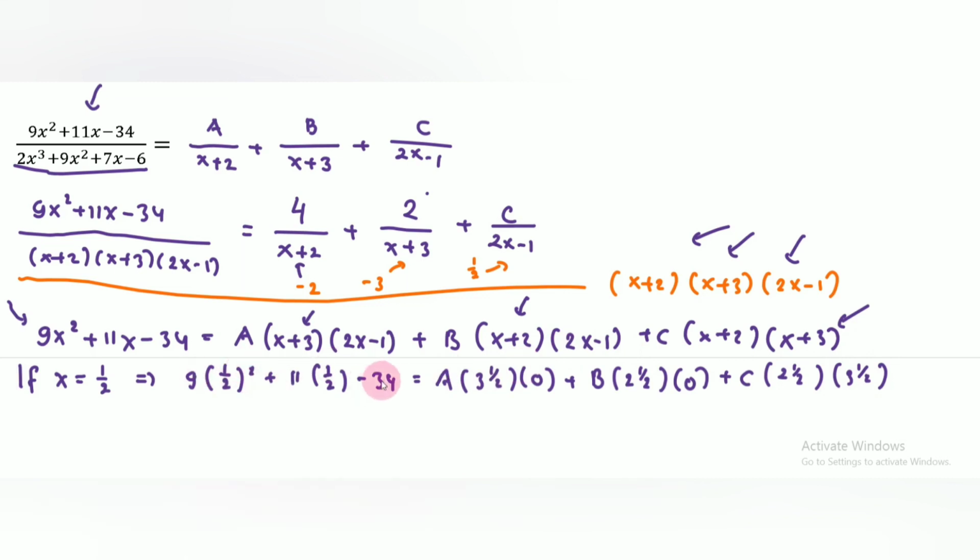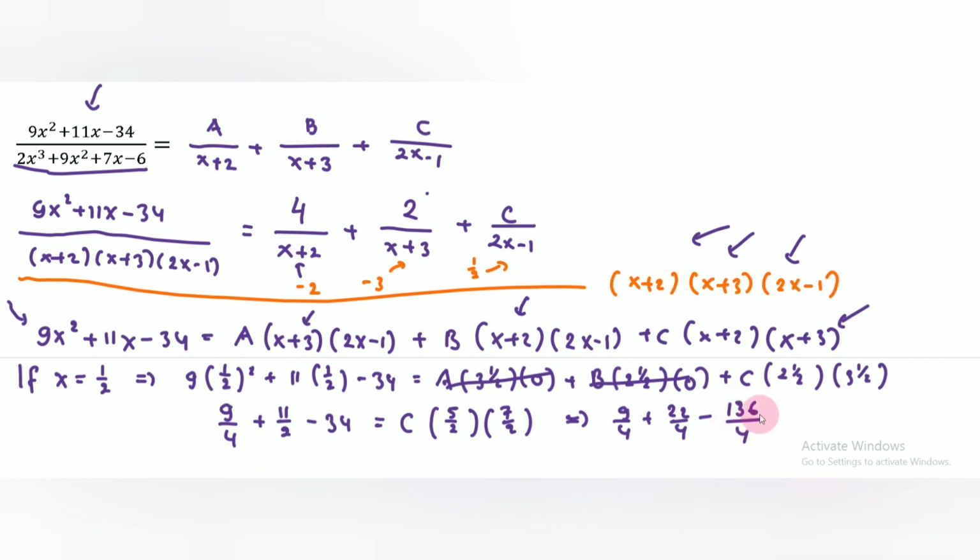So the last piece of the puzzle will be fractions. Yeah, it's challenging, of course, but it's still doable. 9 over 4 plus 11 over 2. So this one is gone. This one is gone. So the last one will be c multiplied by 5 over 2 multiplied by 7 over 2.